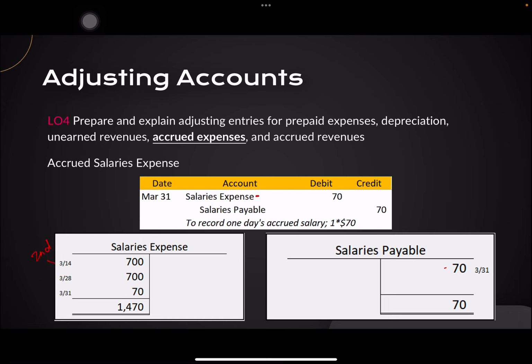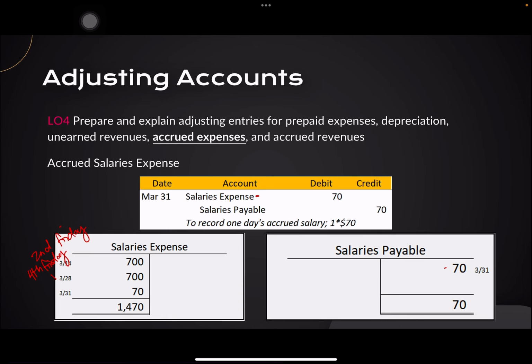This is the second Friday. So no problem here because I already paid cash for this. And then the March 28th is the fourth Friday. Again, no problem here because I already paid cash for the salaries.